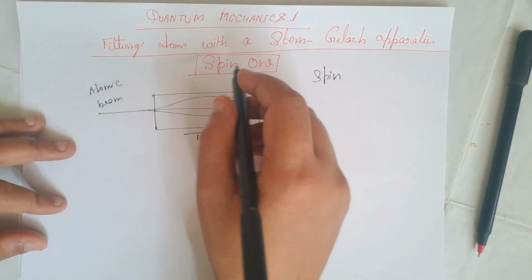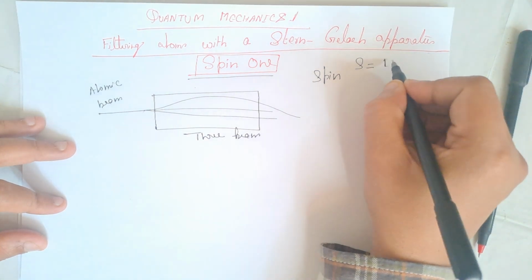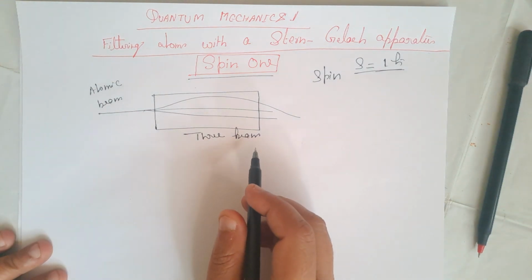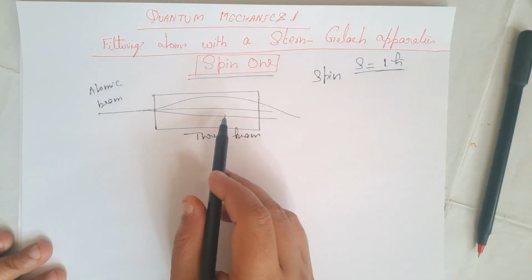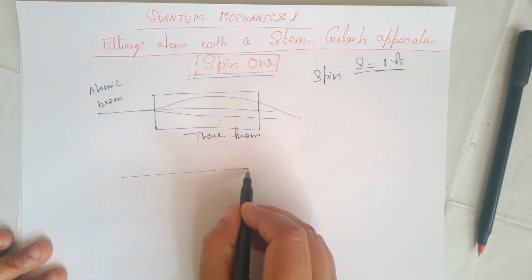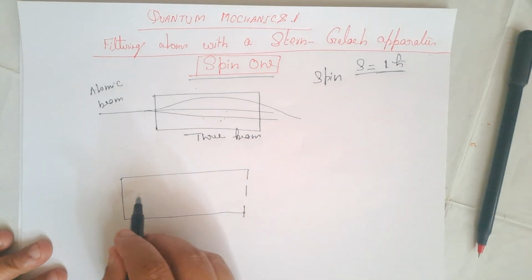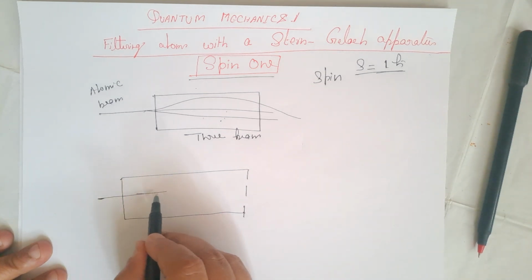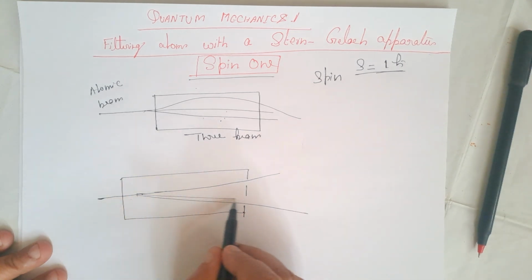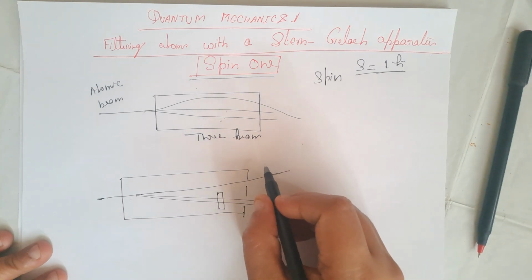And this beam has spin 1 atoms, s is equal to 1 atoms, and we can use a filter to block any beam in this apparatus. So this is the atomic beam which has split into 3 beams. We can block the 2 beams so that only 1 beam of definite state will pass.